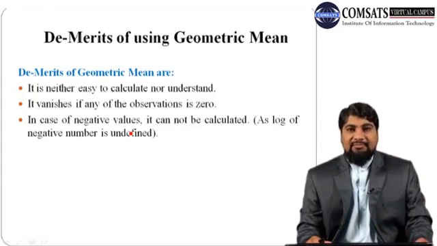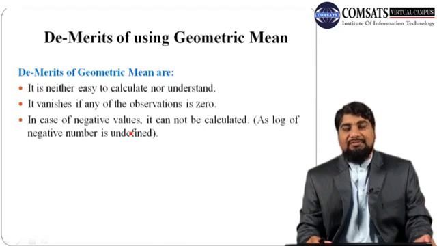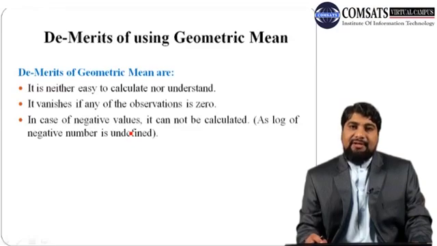then if any of the numbers is negative, this root is impossible to calculate because the root of a negative number is undefined. There are certain methods which we can use to find the root by using the idea of complex numbers or imaginary numbers. But usually for negative numbers, we cannot find the roots.